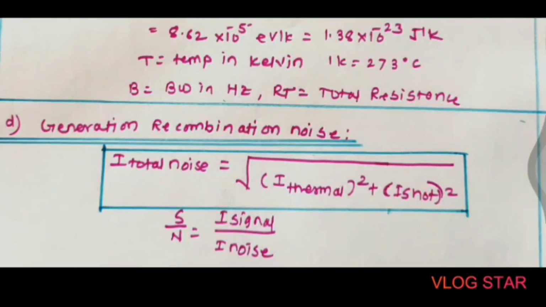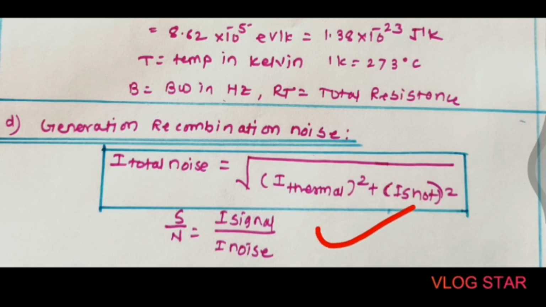And last, generation recombination noise. The fluctuations caused because of variations in the recombination rate of charged particles produce the generation recombination noise. This is generally very small. The total noise current is given by I total noise = √((current due to thermal)^2 + (current due to shot noise)^2).